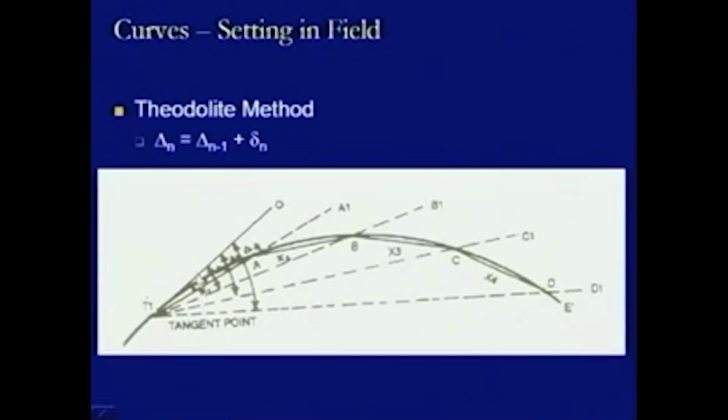So, capital delta n plus 1 will give you the capital delta n plus 1 value. That is how we keep on going further, and we keep on marking the points at the point of intersection of this one and the deflected line of sight, and that is how we keep on computing the values, and this is the way by which the curves are set in the field.